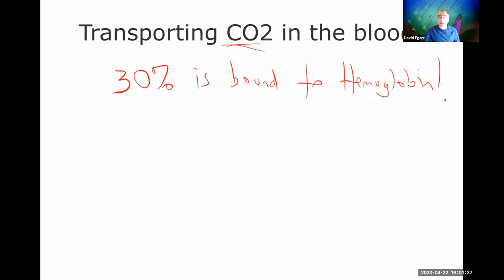We just talked about how CO2 levels affect how tightly the hemoglobin is holding on or letting go of oxygen. So here's this direct connection: CO2 binding onto the hemoglobin actually has effects on the molecule that make it hold on to oxygen less tightly.